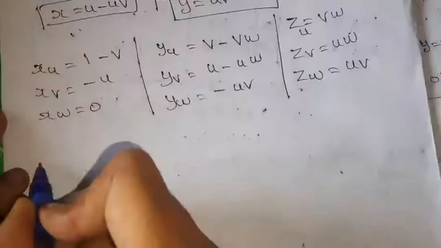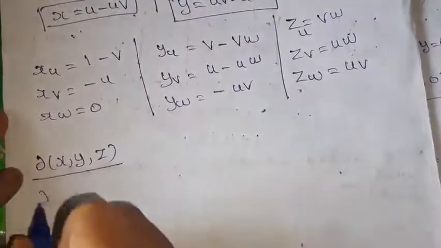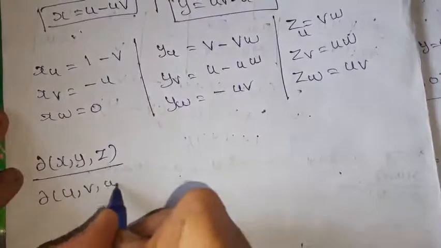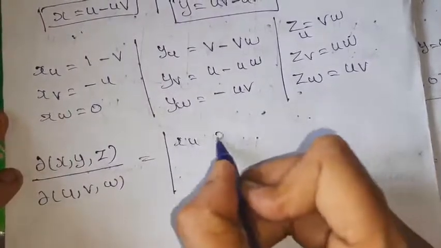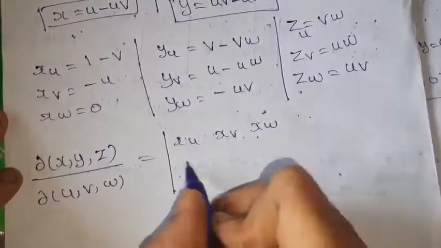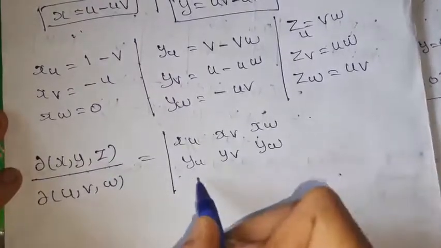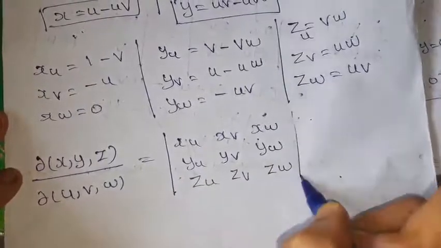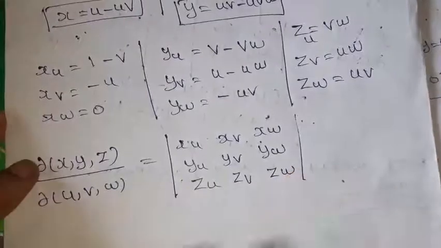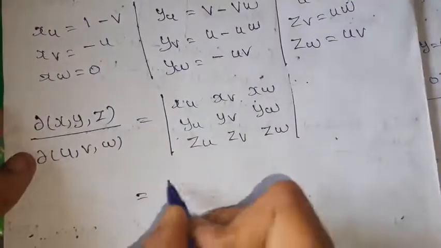So ∂(x, y, z) divided by ∂(u, v, w), 3 variables, will be xu, xv, xw, yu, yv, yw, then zu, zv, zw, right? So just substitute all the values in the matrix, then we can find the determinant.